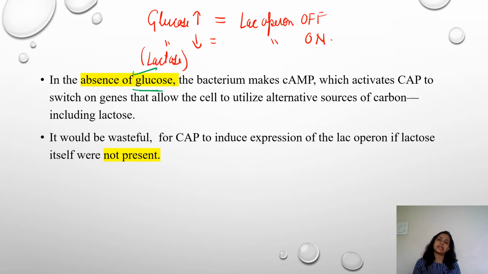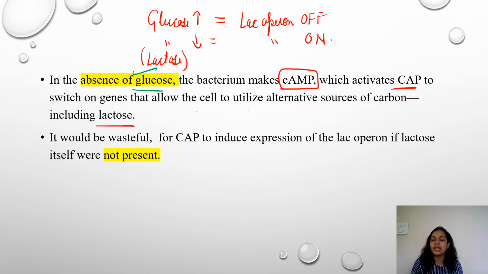Lactose को utilize करना पड़ेगा. So when there is no glucose in the media, the bacteria make cyclic AMP. This cyclic AMP will activate CAP, and then CAP will switch on the genes and allow the cell to utilize the alternative source, that is lactose.